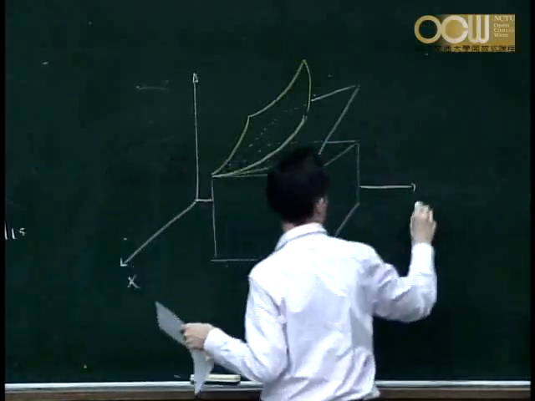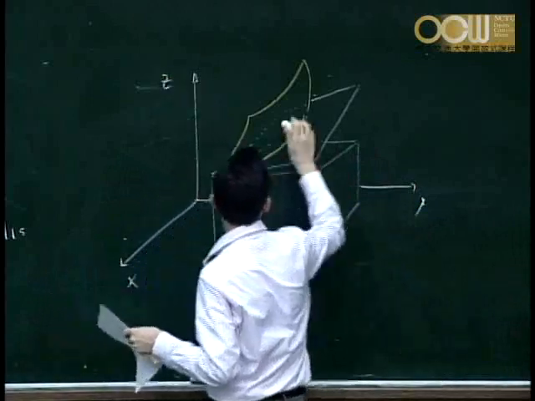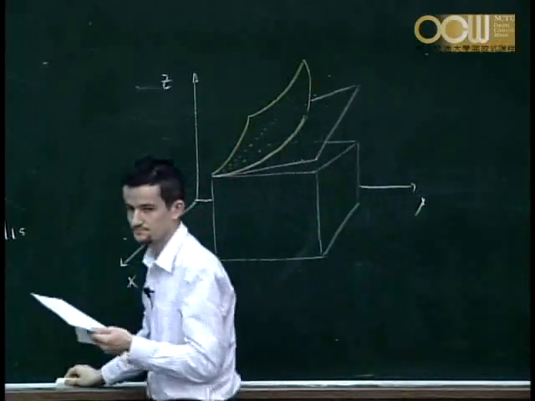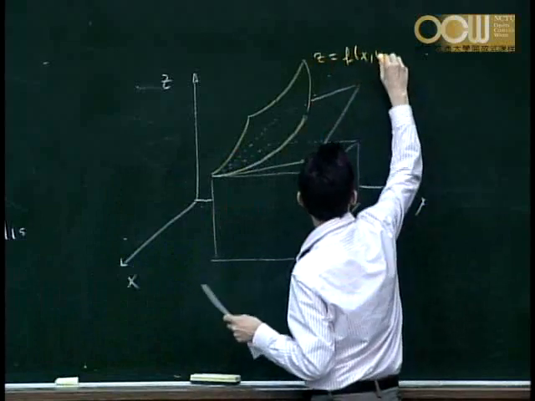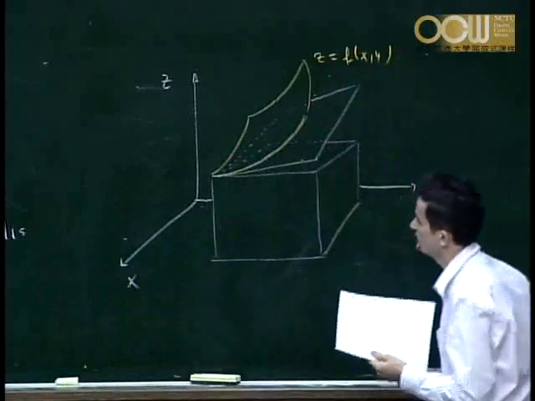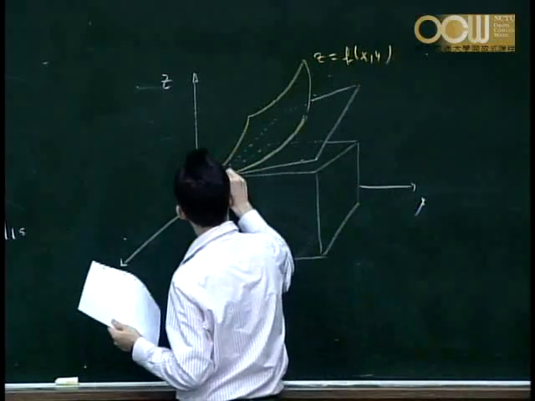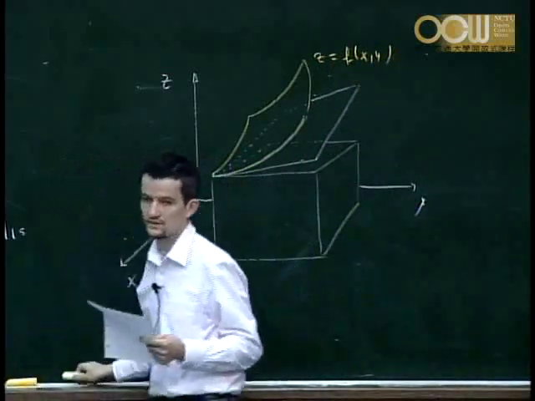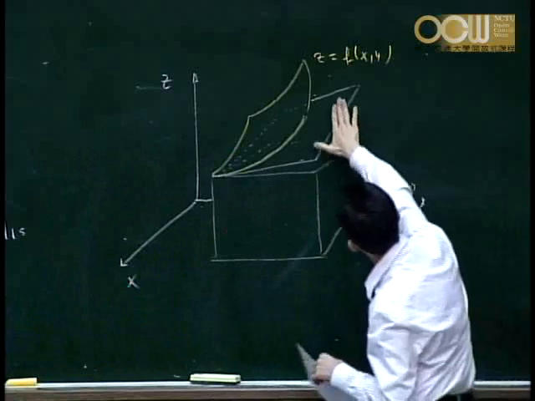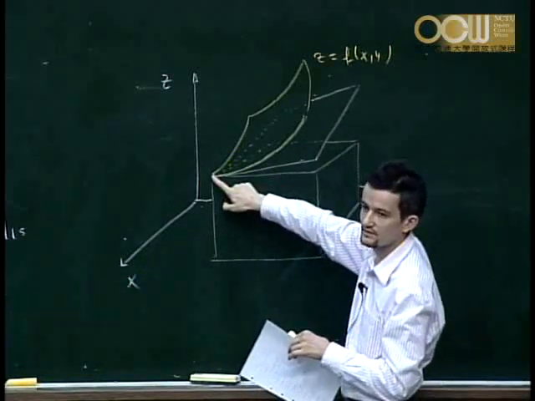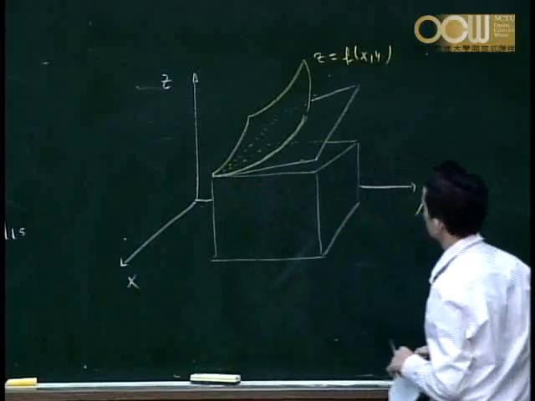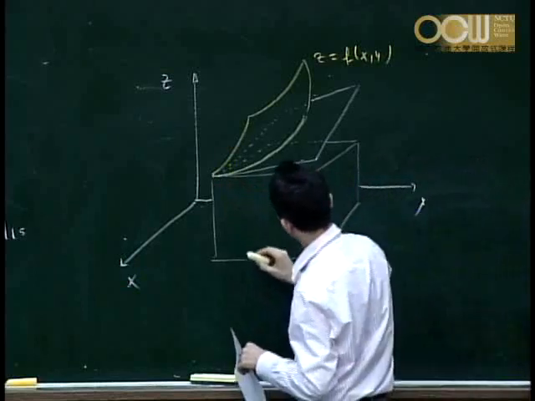Okay, so this is x, this is y, this is z. This is the graph of our function, and this is the point which we consider. What you see here is the tangent plane at this point.